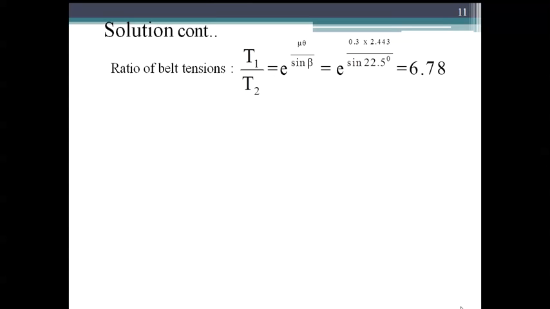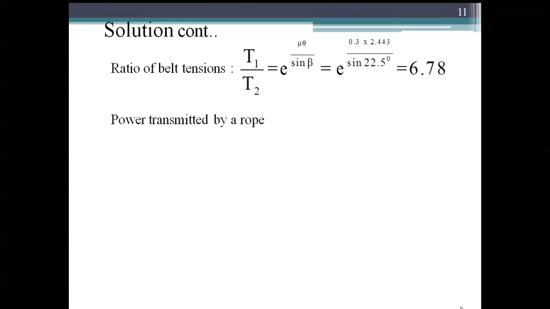So by substituting the values mu, theta and beta, e power 0.3 into 2.443 by sine of 22.5 degrees, T1 by T2 is equal to 6.78, the ratio of belt tensions.